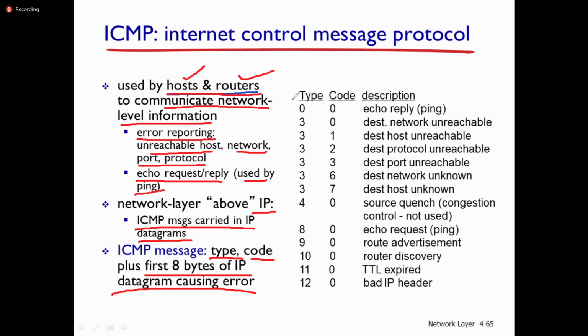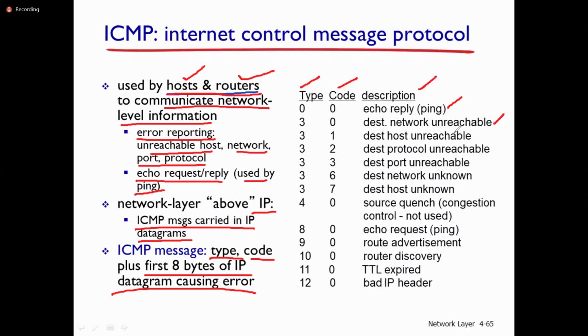If you look at the various ICMP messages, this is the type of the message, code, and description. Type 0 and code 0 is the ping message, echo reply. Type 3 and code 0 is destination network unreachable.